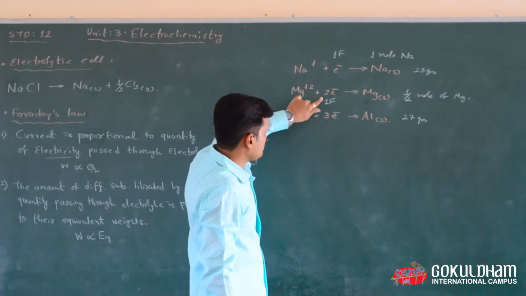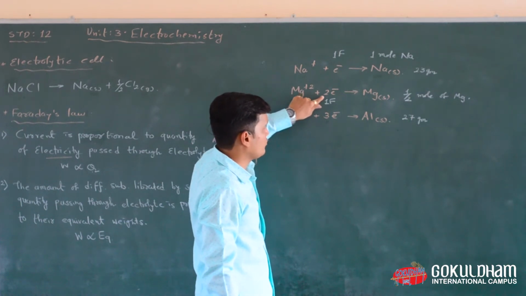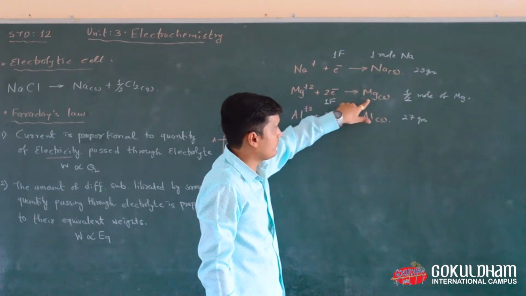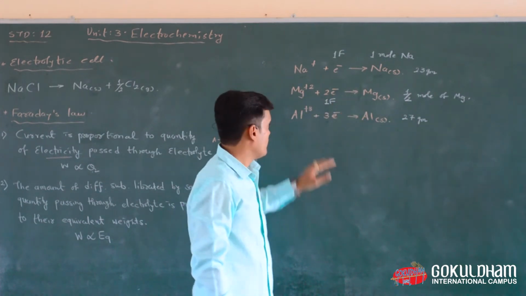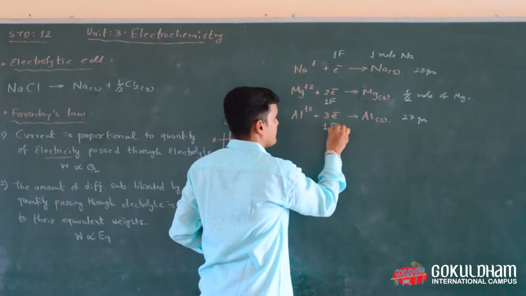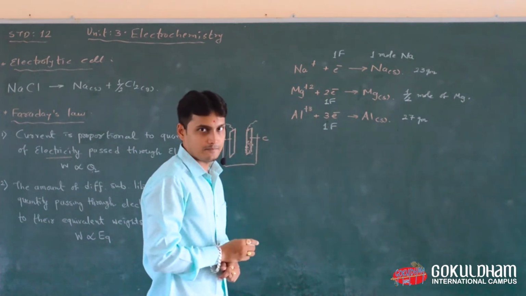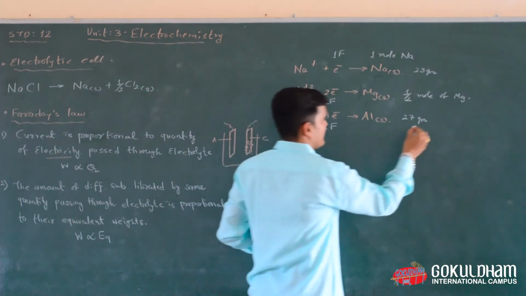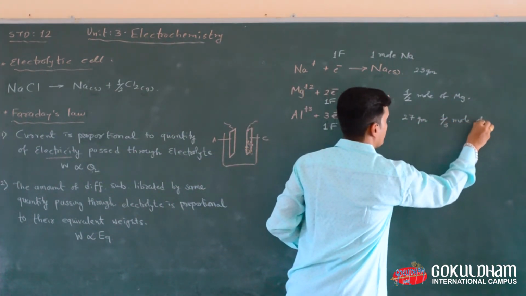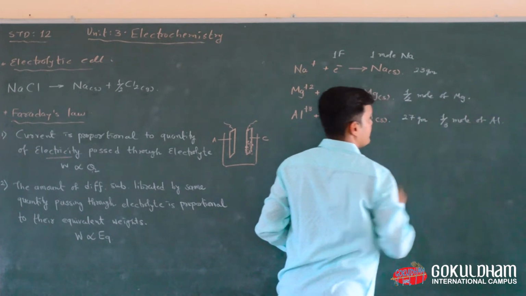So with 2 electrons, you have to apply 2 Faraday to get 1 mole of Mg. In the third case, applying the same quantity of current, 1 Faraday, you will get 1/3 mole of aluminium.